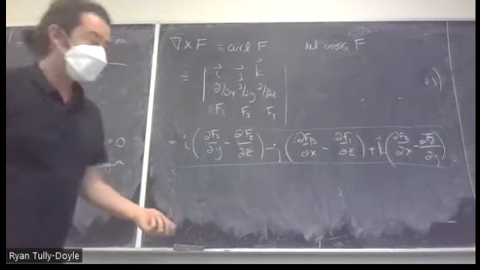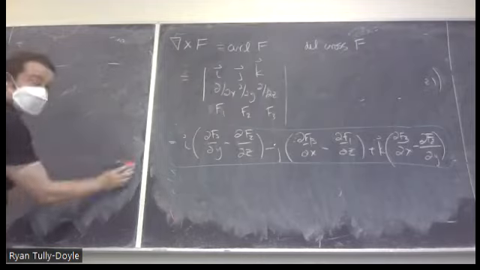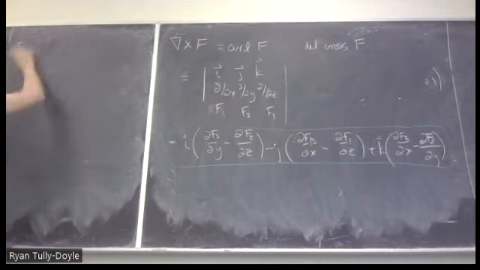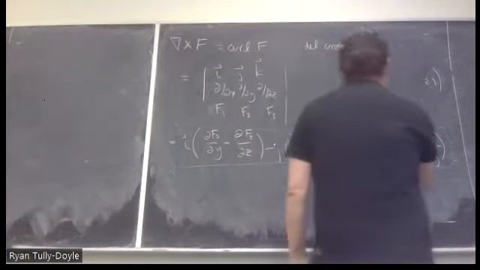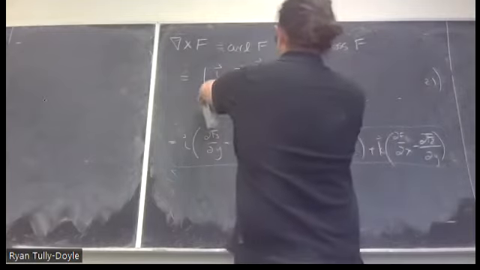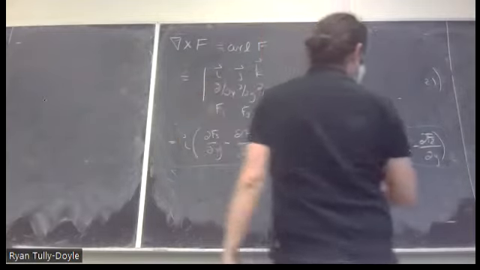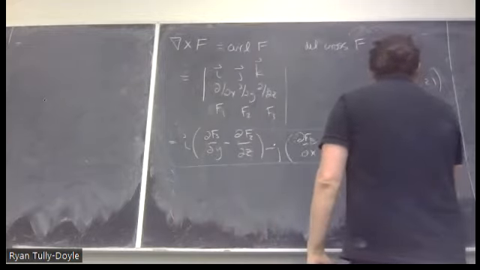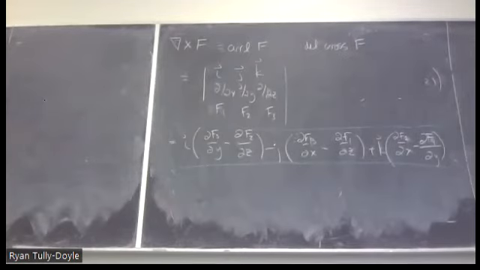So what curl measures is the local tendency of a vector field to rotate around an axis. Yep. Did I make a mistake? Yeah. Probably. It's df2 dx minus df1 dy. My bad. This is why you shouldn't memorize it. You should just do it yourself.